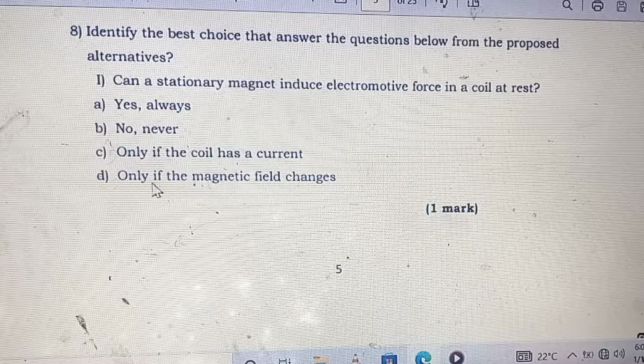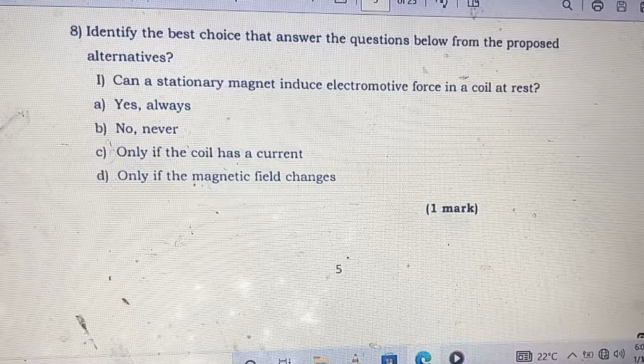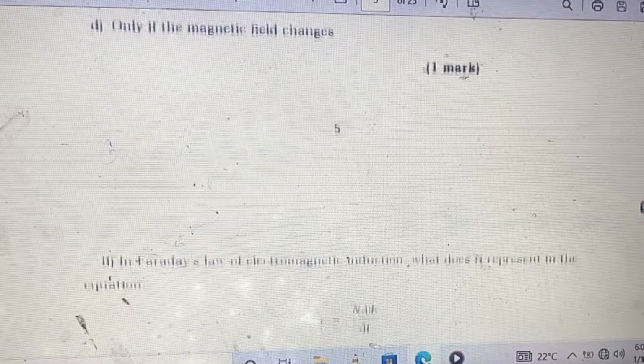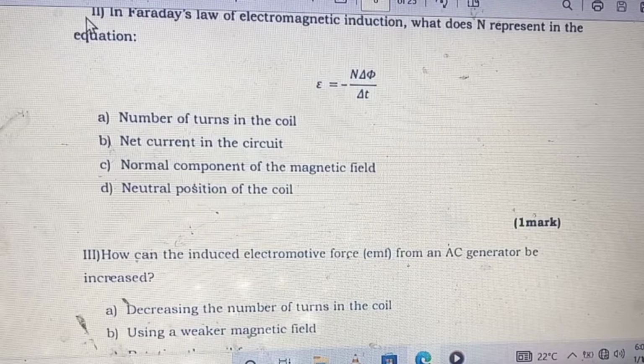The correct option is D. Only if the magnetic field changes. Next, II. In Faraday's law of electromagnetic induction, what does N represent in the equation? This is N.